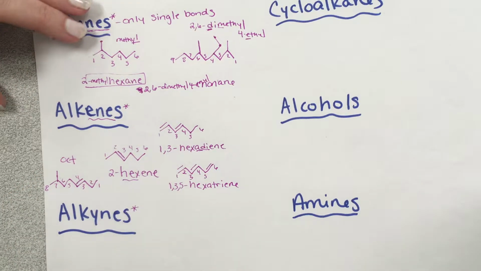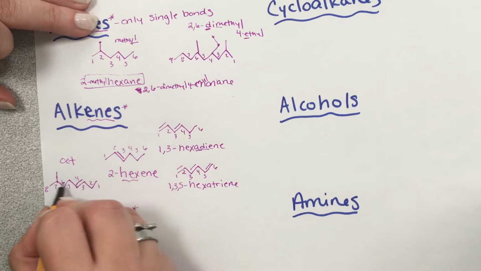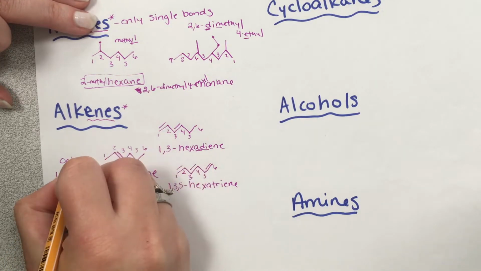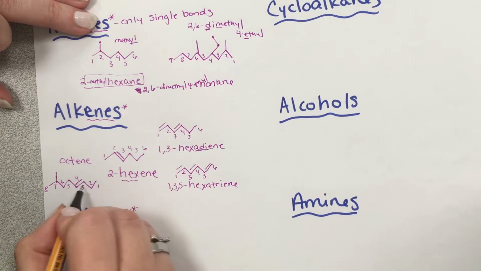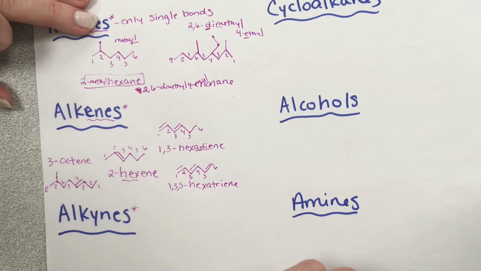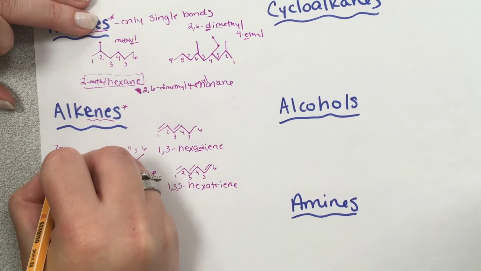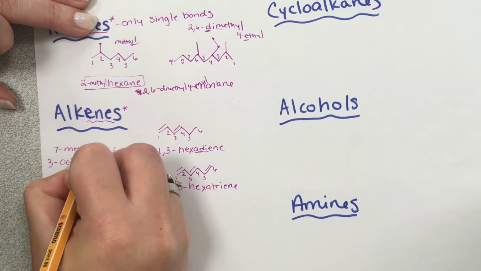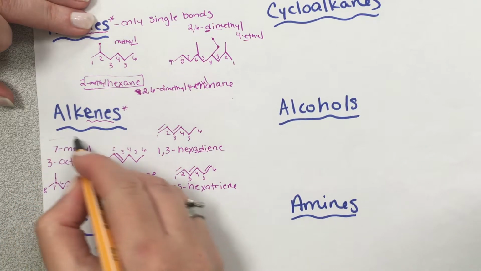Then we need to indicate where that double bond is and how many double bonds. There's only 1 double bond on here, so we can go ahead and call it octene. But we just need to indicate where that double bond starts, which is right here on this third carbon. So we'll say 3-octene. And we do need to address this methyl group right here. The methyl group is located on the 7, and it's called methyl. There's only 1, so that's it. So it's 7-methyl-3-octene is the name of this.